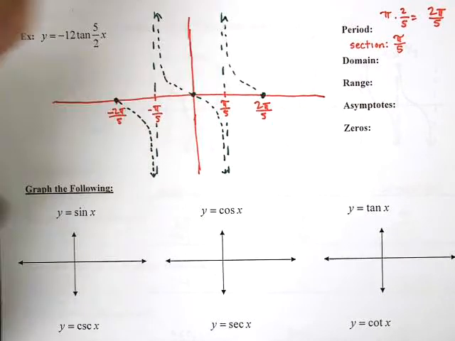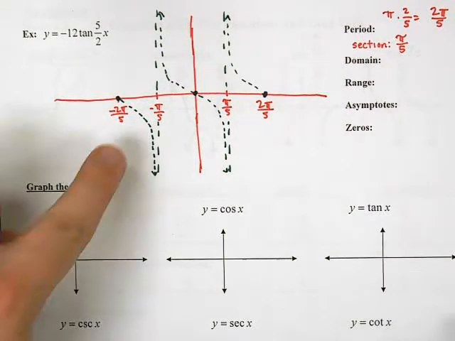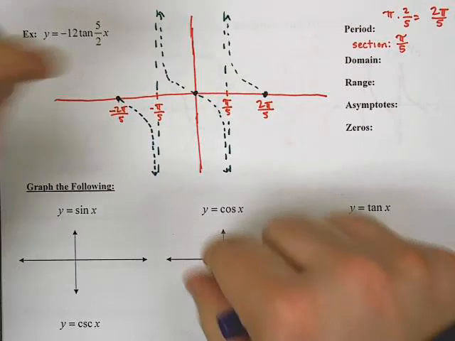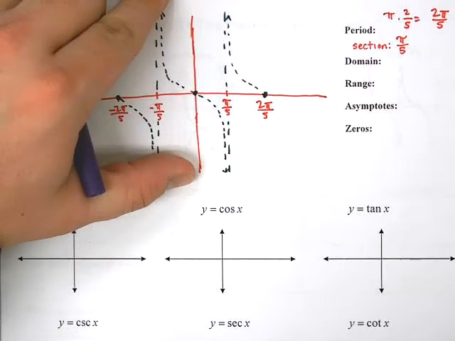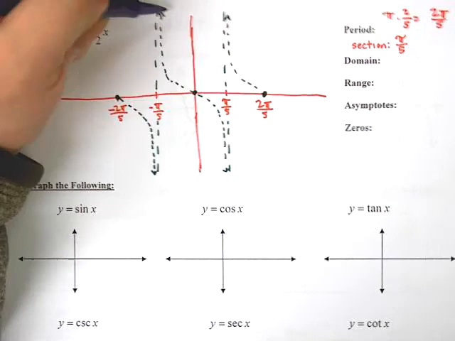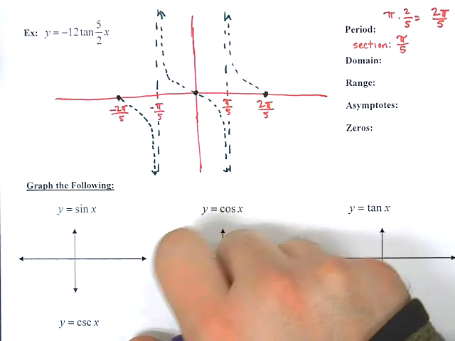Something like that. Now the reason that I dashed that is because we need to show amplitude. Right now this is technically just negative tan 5/2 x. To make it negative 12 tan 5/2 x, we need to stretch everything by 12. We already took care of the negative, so don't worry about that. But we have to stretch it, which means any point that I had originally should be farther away from the x-axis.